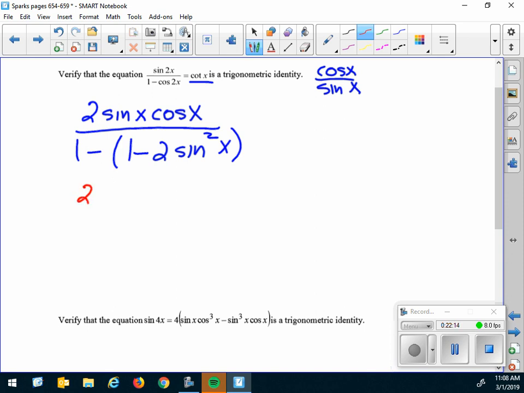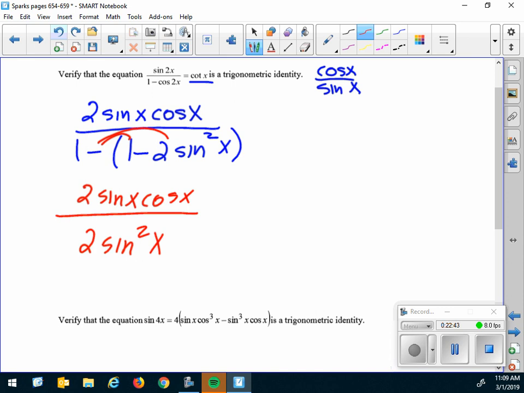Because now, what have I got here? I've got 2 sine x cosine x over what? That's just 2 sine squared x, isn't it? Because the 1 minus 1 will cancel. Whoops, I don't want to do that. So that'll be 1 minus 1, and then that'll be a plus 2 sine squared x.